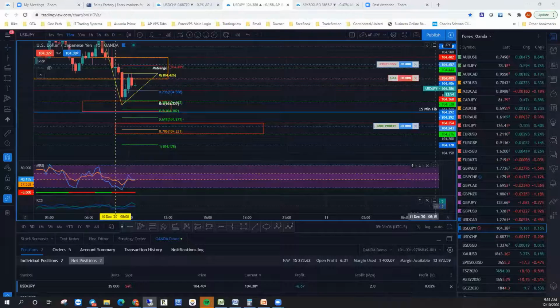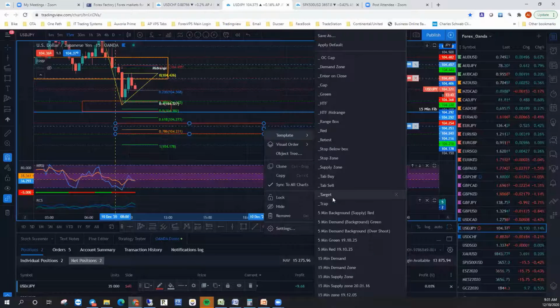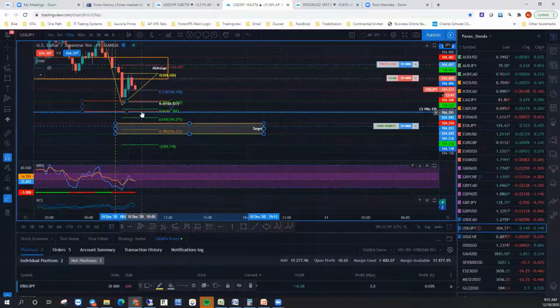We finally had the spread by 3. And we have our target in here. I'll make this our target. It may take a little while to get down there.